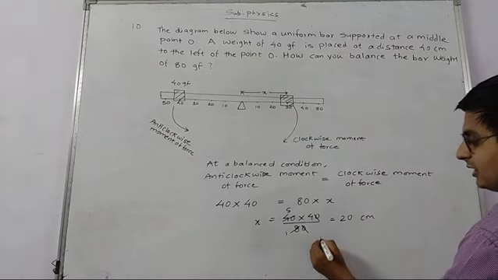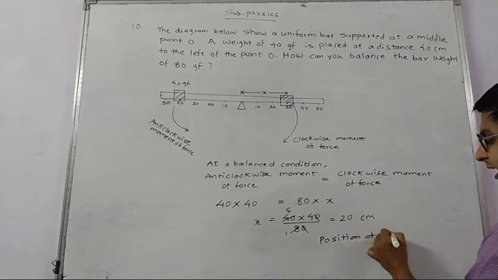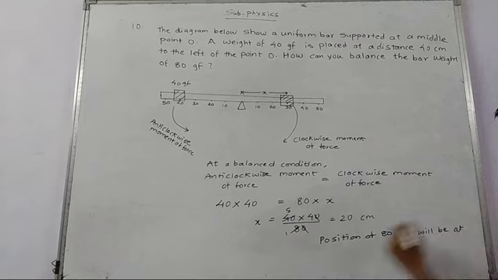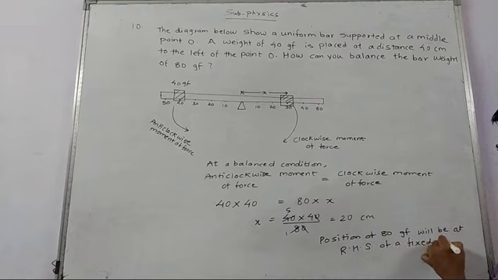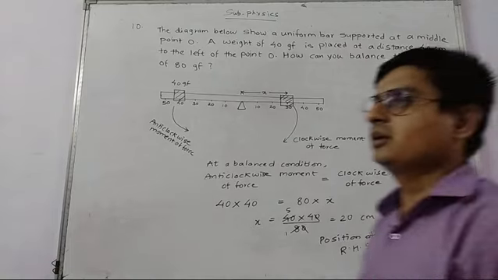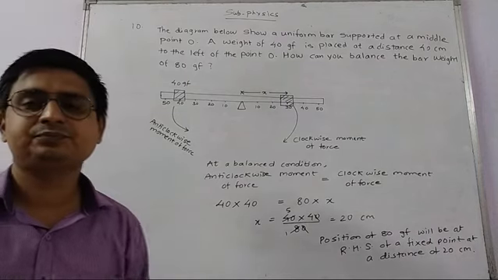So I will be writing the position of 80 GF will be at the right hand side of the fixed point at a distance of 20 centimeter. So simple. Both the problems were similar only.